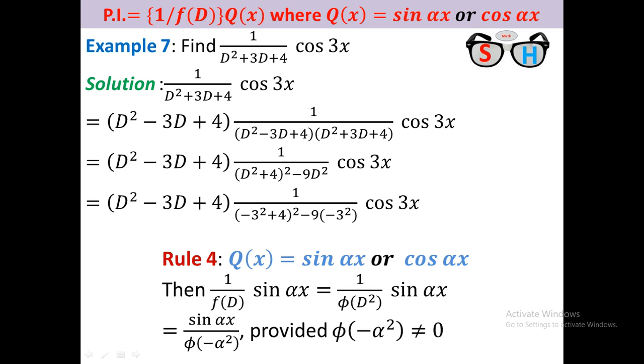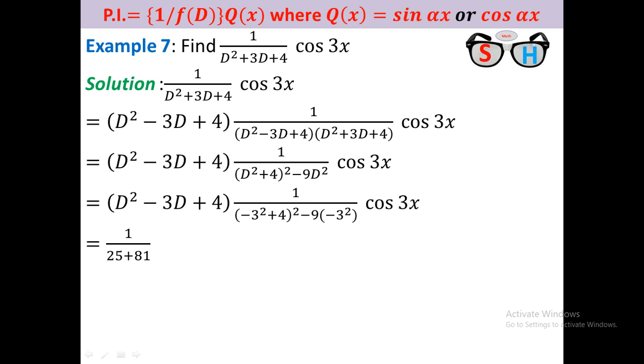Then minus 9 plus 4 means minus 5, minus 5 whole square is 25. Then minus 9 into minus 9 means plus 81, so 25 plus 81. We write the constant in front of the operator, since there is another operator also. Therefore this will be 1 by 106 of d square minus 3d plus 4 of cos 3x.